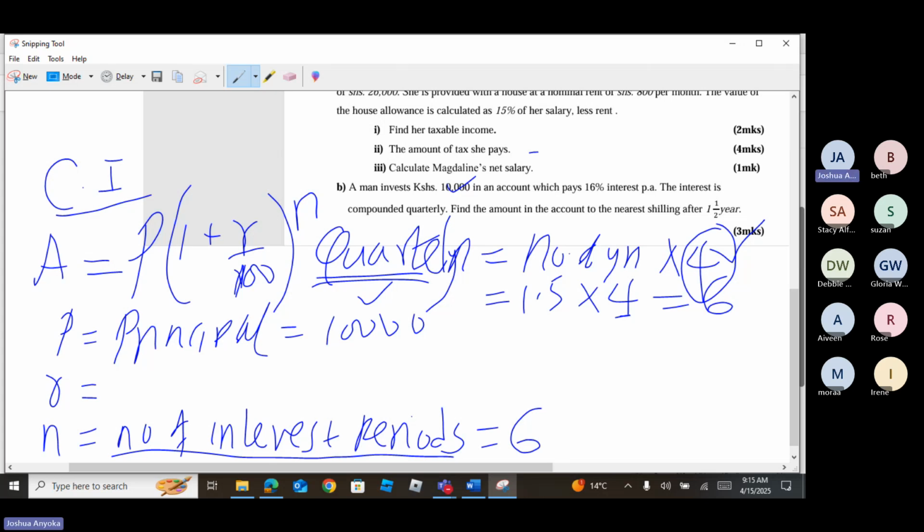Rate of interest, if it is compounded quarterly, we have 16% per annum. It is the rate of interest per annum divided by 4. So R will be equals to 16 divided by 4, so 4% per every quarter.